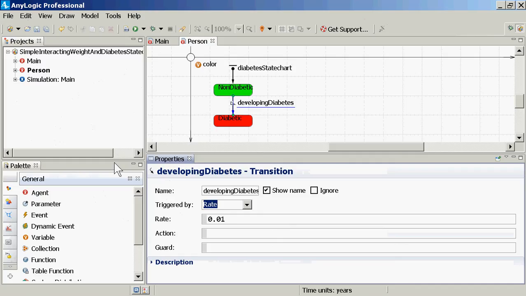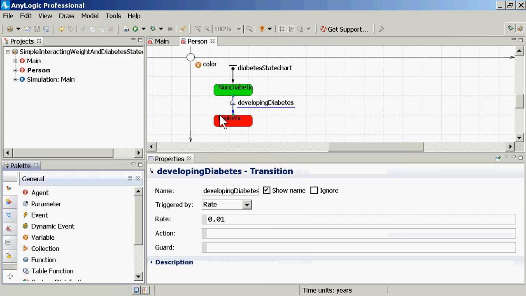We have a diabetes state chart. I want you to tell me how to construct a weight state chart where we're going to have 3 different states, normal and underweight, overweight, and then obese, and we're going to have transitions between them that are given by rate transitions.